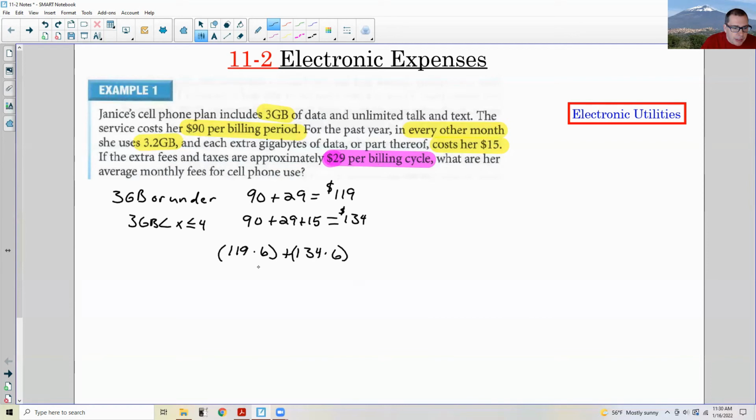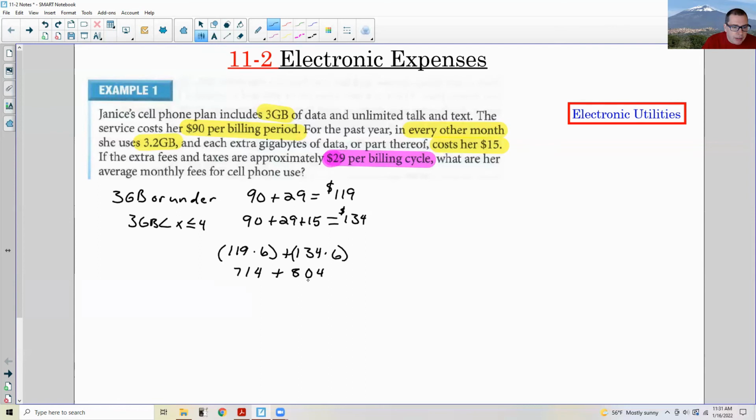So 9 times 6, 54, carry the 5, 6, and 5 is 11, carry the 1, 6, and 1, $714 for 6 months of not going over, plus 6 times 4 is 24, carry the 2, 18 and 2 is 20, carry the 2, 6 times 1 is 6, plus 2 is 8. So it's going to be $804 for those 6 months where they were charging her the extra 15, totaling $134 each month.